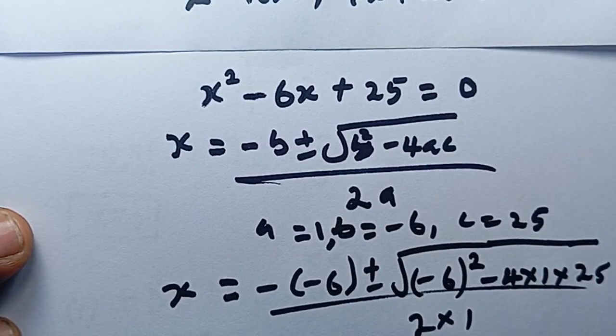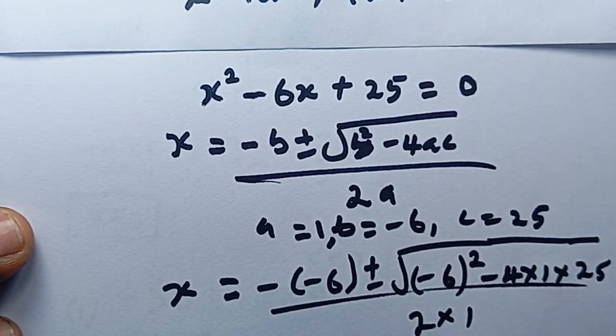Moving on, so this is 6 plus or minus the square root of 36 minus 4 times 1 times 25, which is 100, and all of this divided by 2.